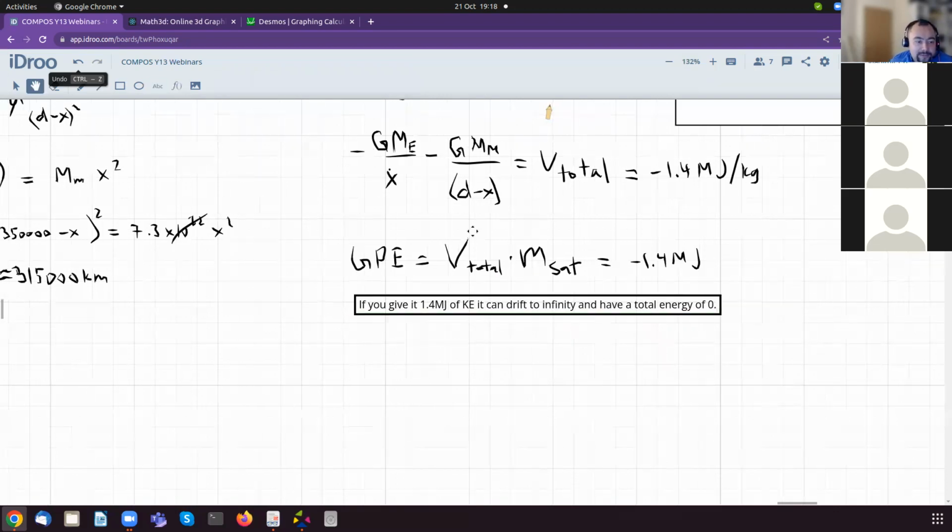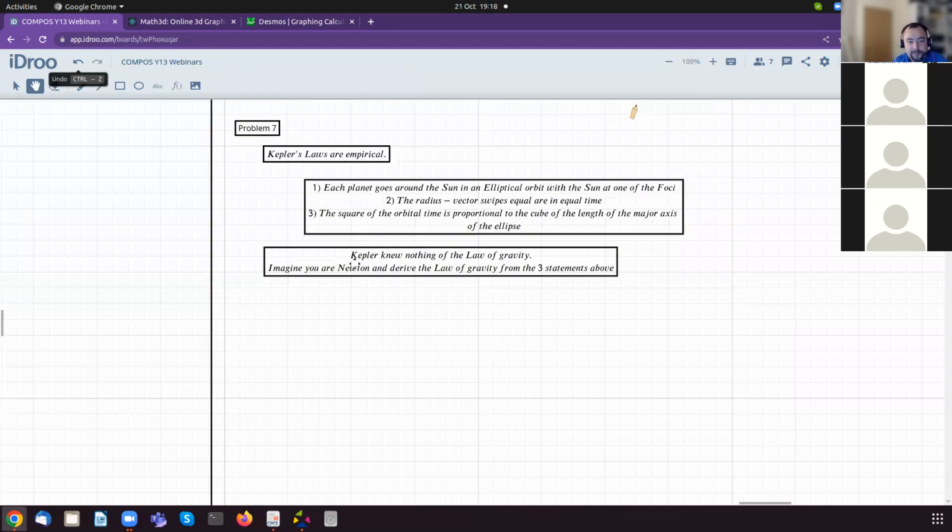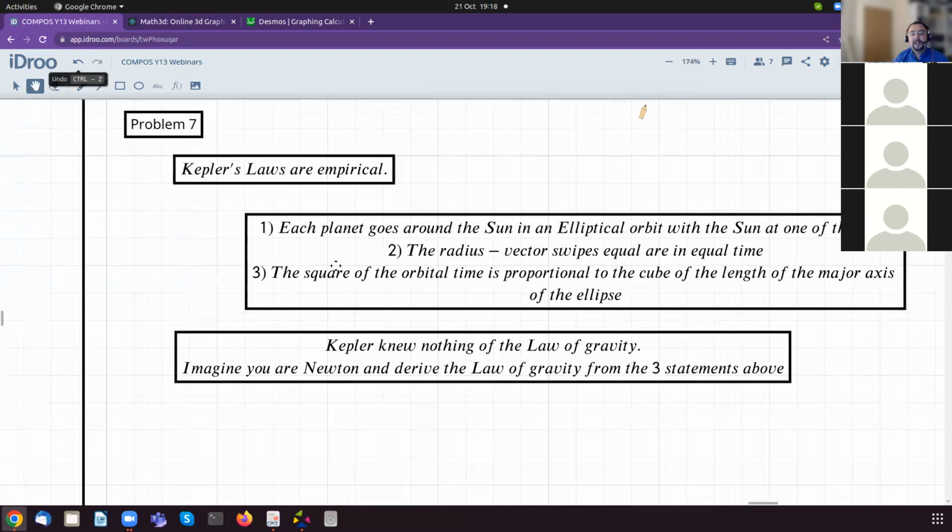Right, and finally, Kepler's laws. So Kepler was probably one of the most famous astronomers of his time, or of ever. Several astronomers did observations.